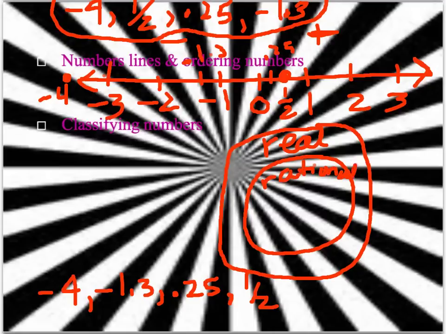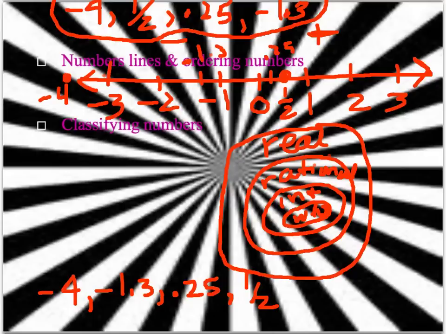Inside rational, we have our integers. And inside that, we have our whole numbers. So, if a number is whole, according to my diagram, it's also an integer. If it's an integer, it's also rational. And if it's rational, then it's also real.